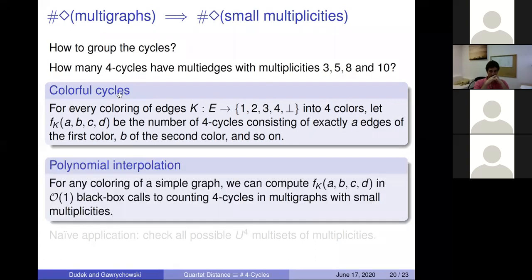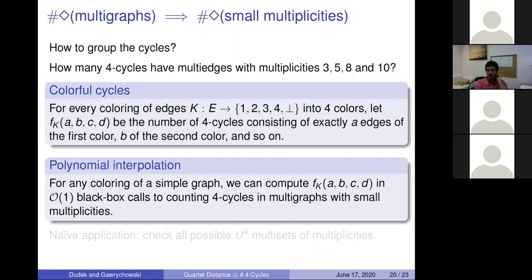And it turns out that you can reduce this, computing F_K(A, B, C, D), to a constant number of black box calls to counting 4 cycles in multigraphs with small multiplicities. And this is done using polynomial interpolation. So you take the edges of each color and you create a few copies of this edge and you calculate something.